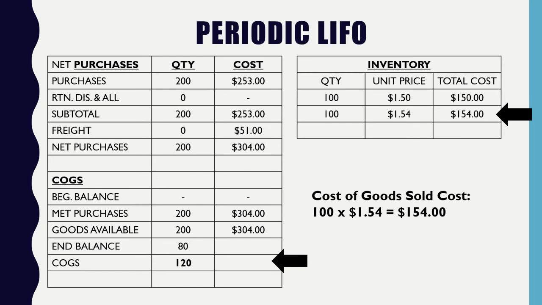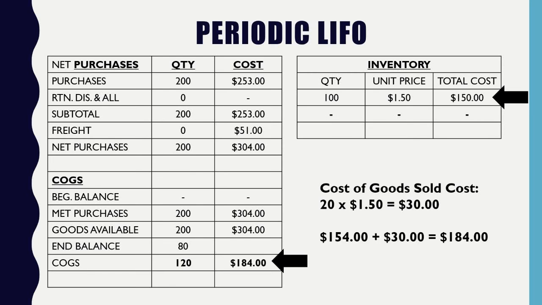In this case, it's from the bottom, which is my 100 items costing $1.54. Because we need to sell 120, we take out the entire batch at $1.54.